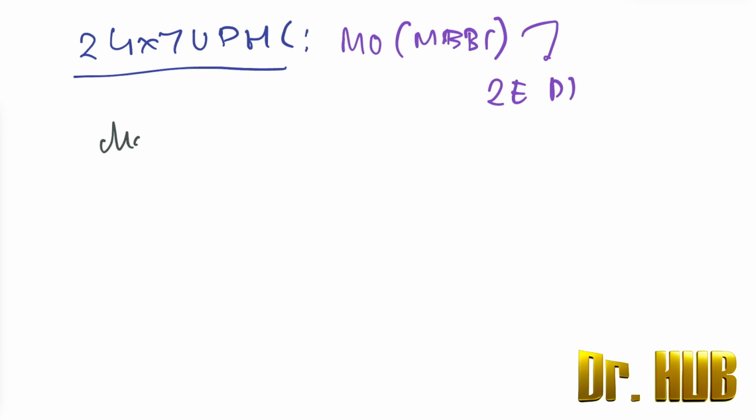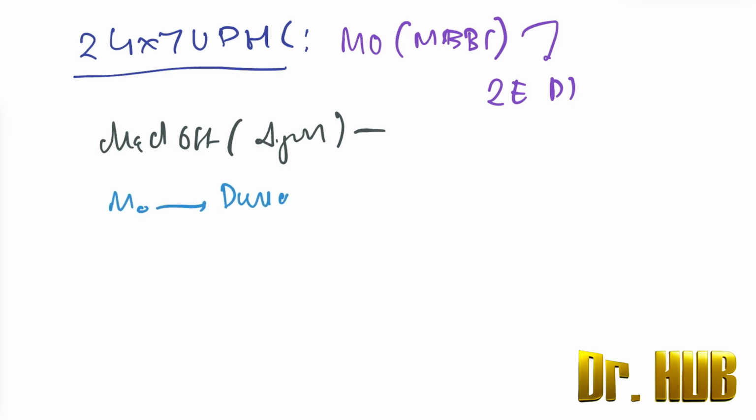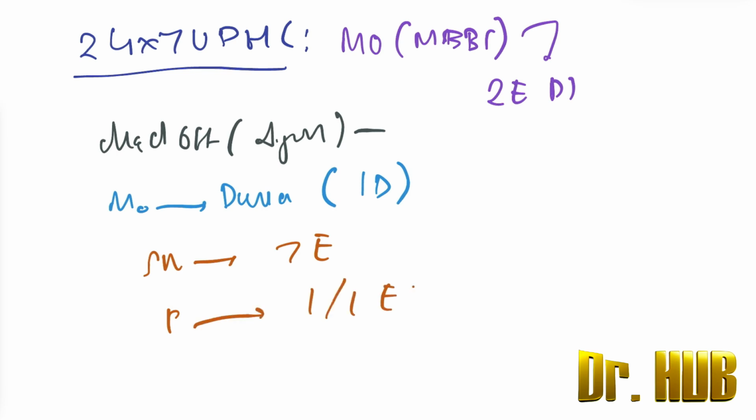Next, when we look at the medical officer, Ayush, here there is none. And medical officer in terms of dental, here it will be 1D. Staff nurse is going to be 7E. Pharmacist is going to be 1 each, that is 1E and 1D. And lab technician is going to be 2E, 1D.